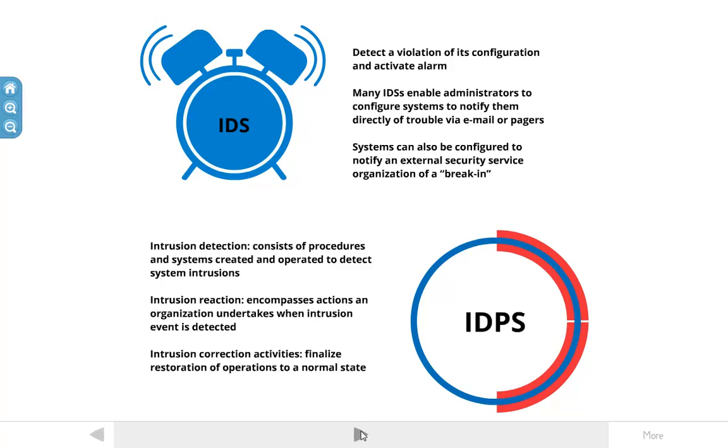IDPS actually prevents the intrusion instead of just detecting it. Okay, so it'll know when something happens, but to prevent it, it needs to be able to act on it, right?